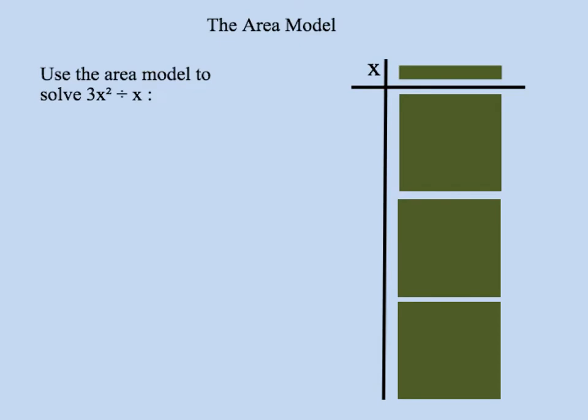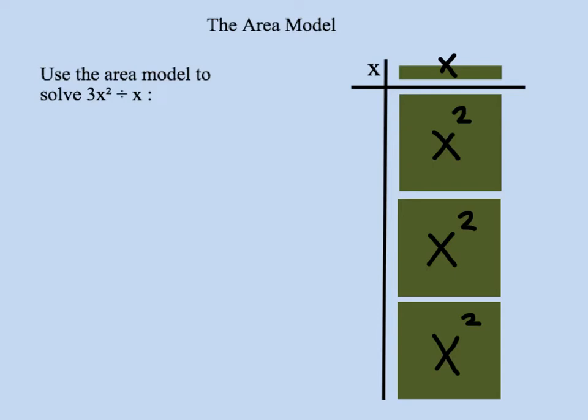Let's take a look at using the area model to solve polynomial division. In this example, we've been asked to solve 3x squared divided by x. So as you can see, I've got it set up in our T shape. We've got an area that's filled in and is equal to 3x squared, and that is our dividend. We've divided by x, that's our divisor.